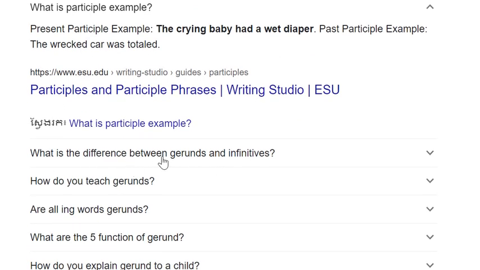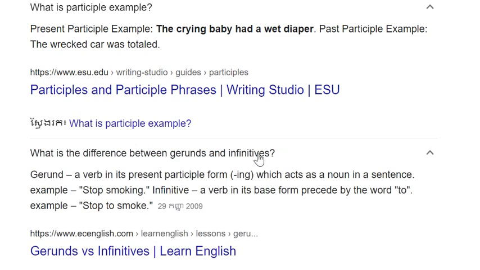What is the difference between gerund and infinitive? Gerund is a verb in its present participle form ing, which acts as a noun in a sentence. Example: stop smoking.